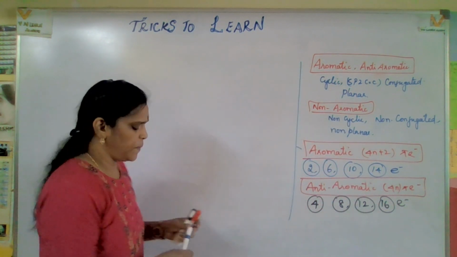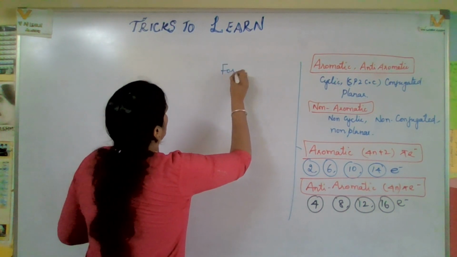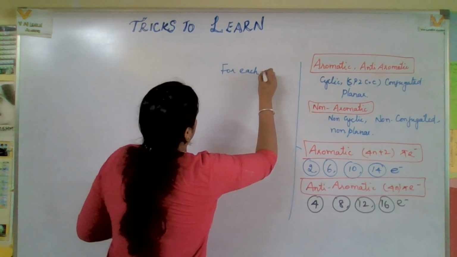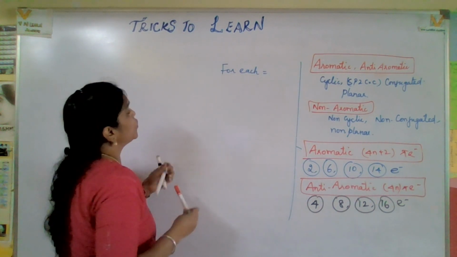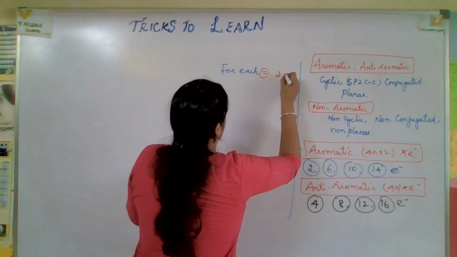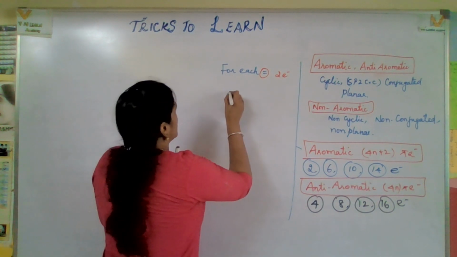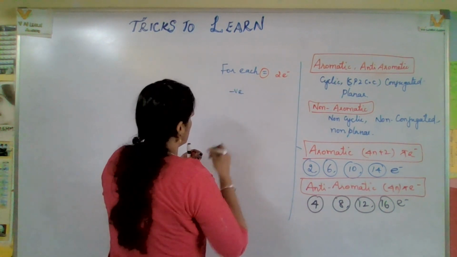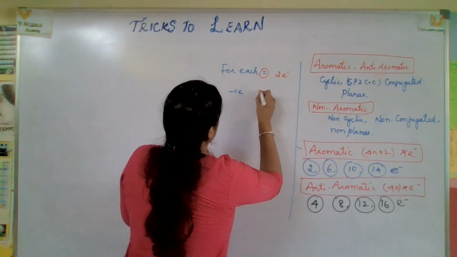Another point to be noted for aromatic or anti-aromatic: for each double bond, you have to count 2 electrons. For a negative charge, you have to add 2 electrons.